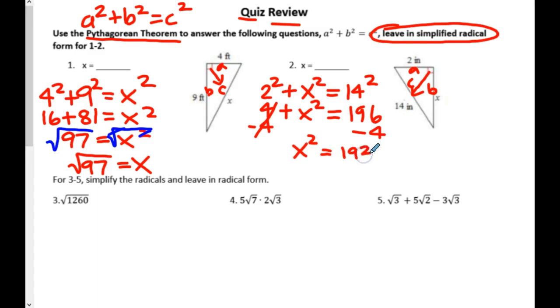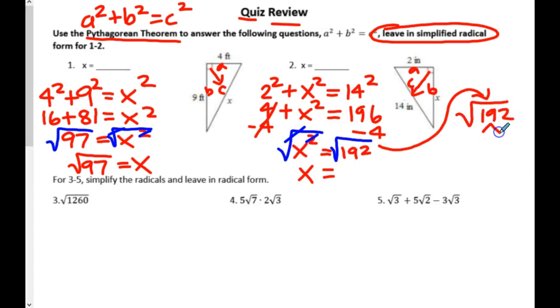196 minus 4. So x squared equals 192. And like we said a second ago, we need to cancel out the square with the square root sign. And so we're going to end up getting x equals the square root of, and we need to see if we can break down 192.